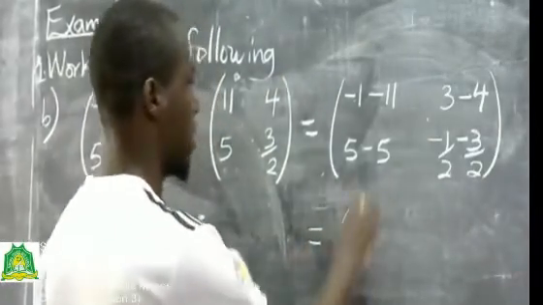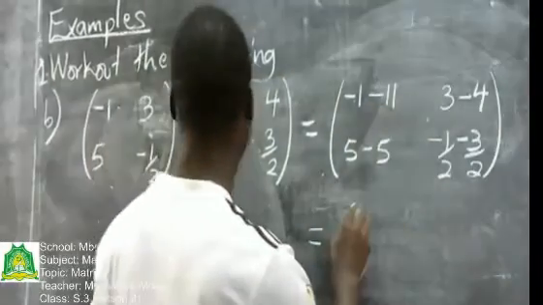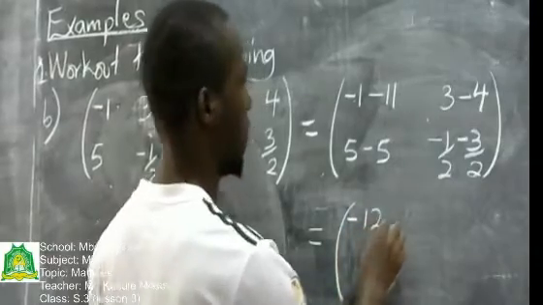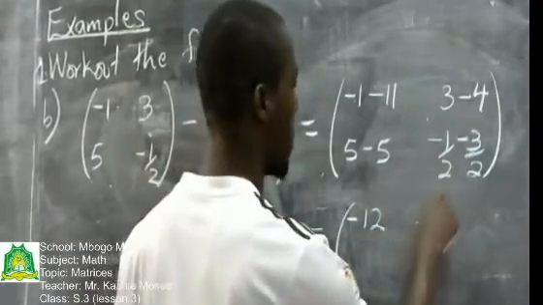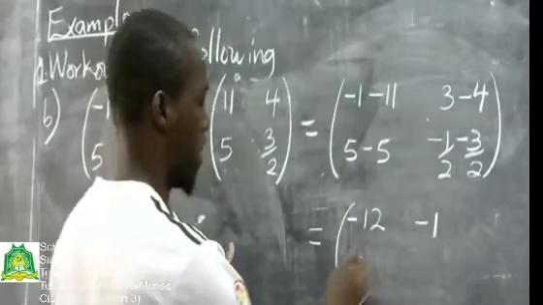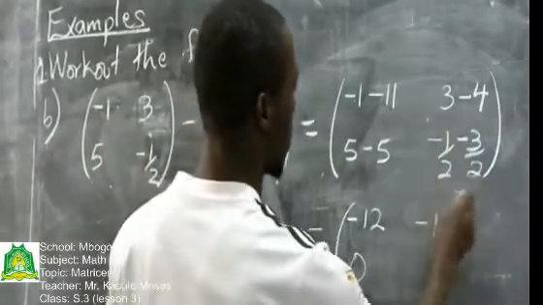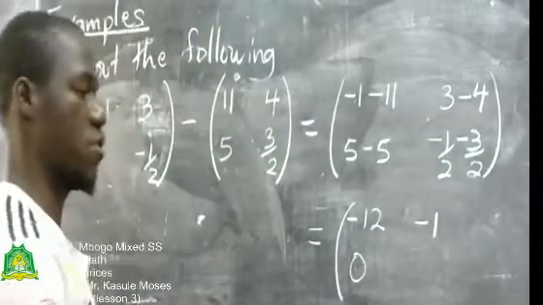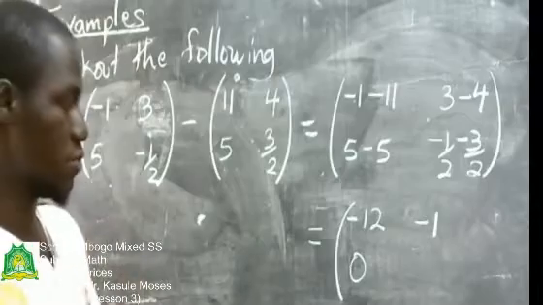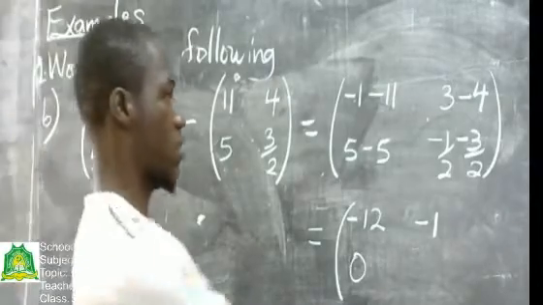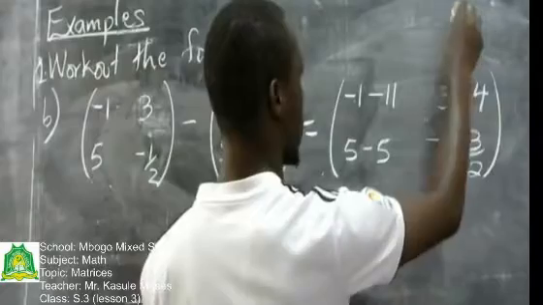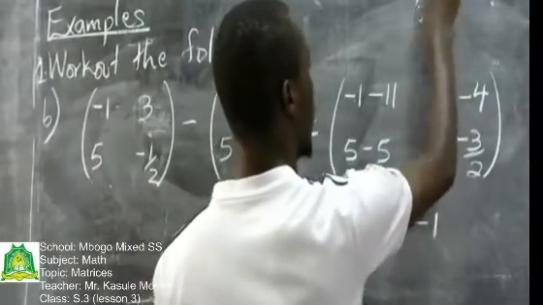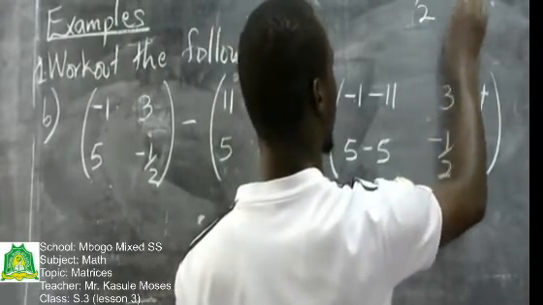Then when I subtract here, I'm getting negative 12. When I subtract, I get negative 1. When I subtract, I get 0. So this one here is a fraction. You can recall how you deal with them in senior 1. So I'm having a negative half minus 3 all over 2.